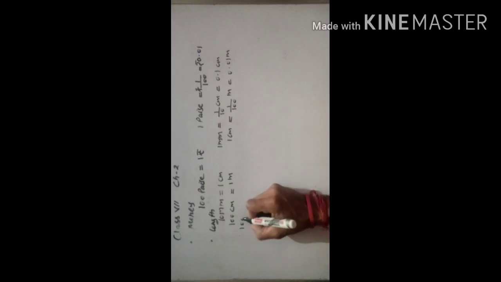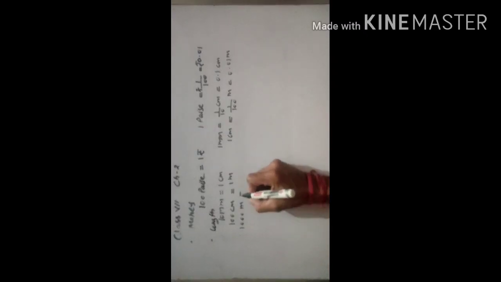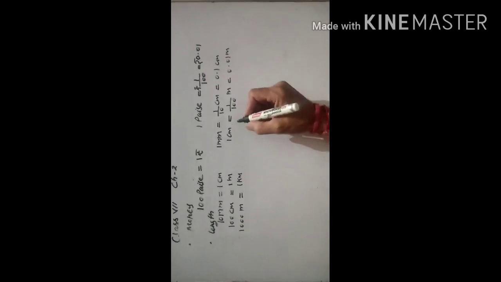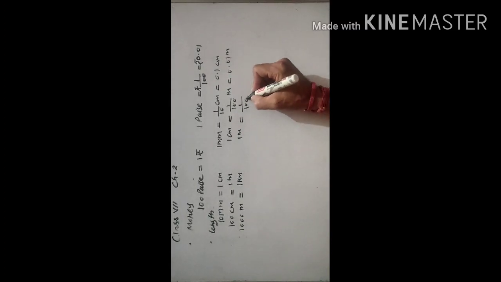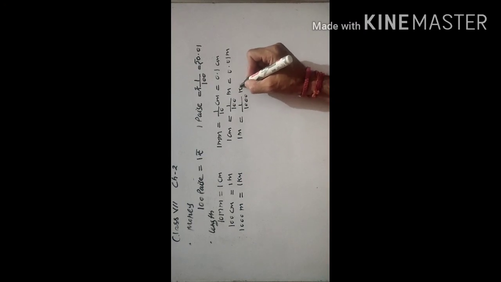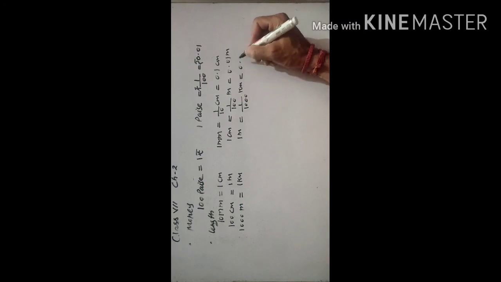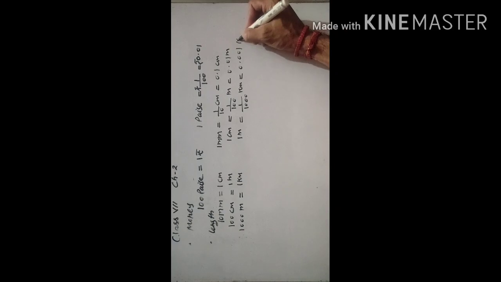Then 1000 meters is equal to 1 kilometer, and 1 meter is equal to 1 by 1000 kilometer, that is 0.001 kilometer.